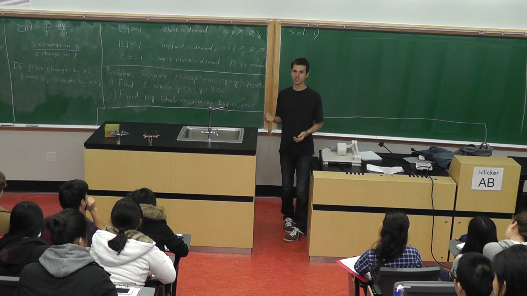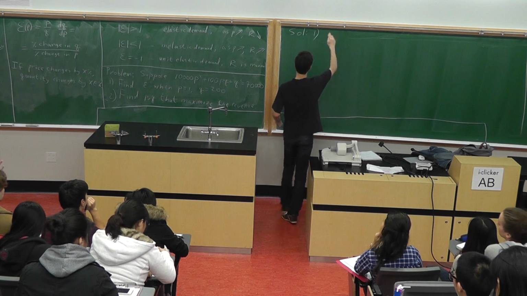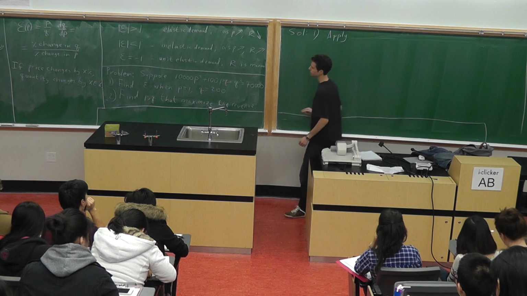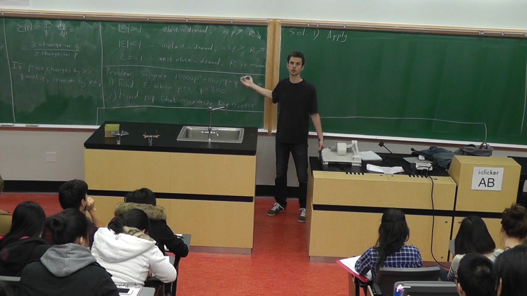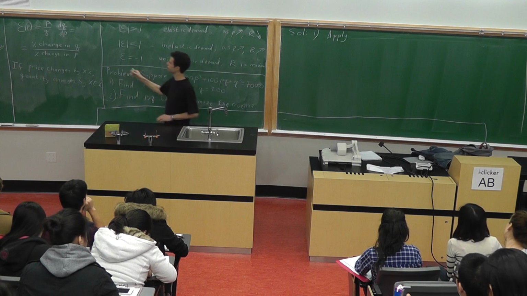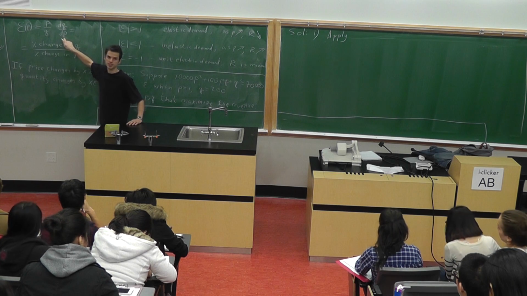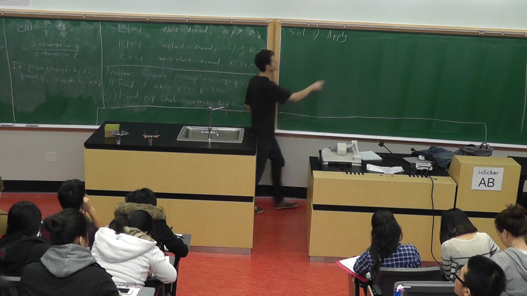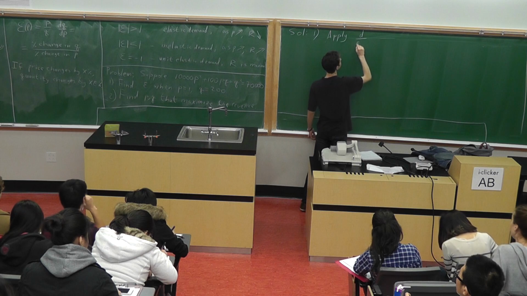But that's okay, let's just differentiate implicitly. With respect to what? Naturally I want to differentiate with respect to price, because I want to find the derivative of quantity with respect to price. So apply d by dp.